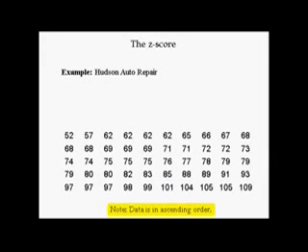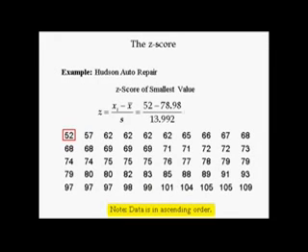Using the sorted Hudson auto repair example, the z-score of the smallest value is equal to the deviation from the mean corresponding to the smallest value in the data set divided by the standard deviation. The smallest value in the data set is $52. The sample mean is 78.98, and the standard deviation is 13.99.